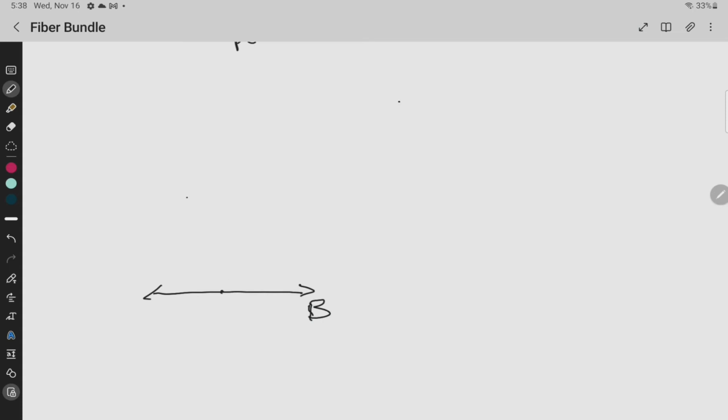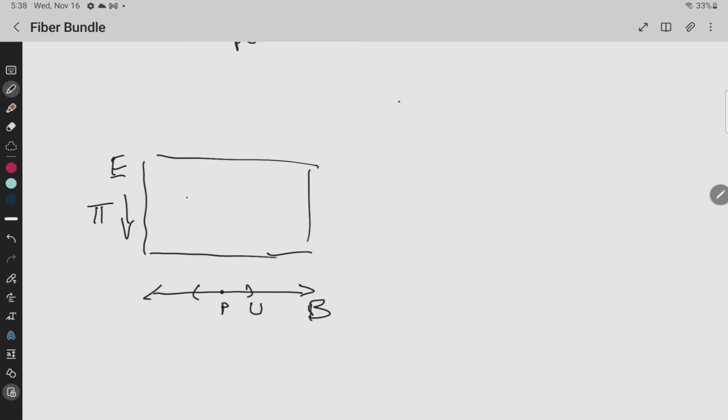So here's another way to illustrate this. The dimension of B, the base manifold, is n, but for now I'm just going to draw it as one dimension. Keep in mind that it is an n-dimensional object. And then this square here indicates the total space.